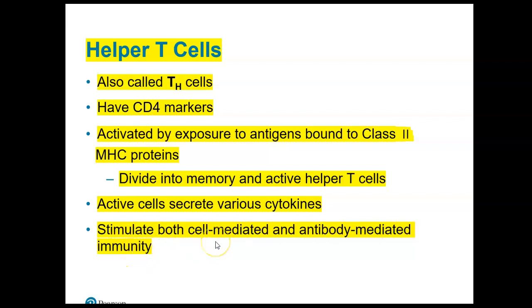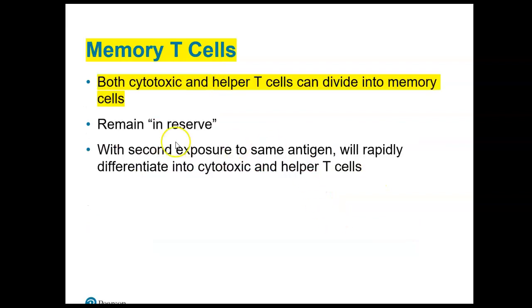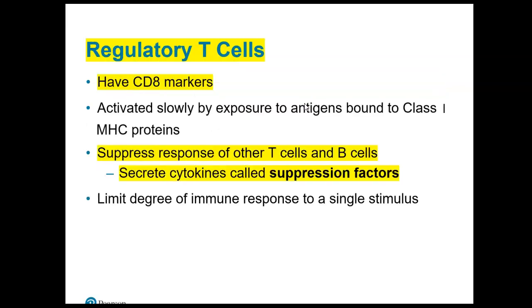So helper T cells have to be activated before cytotoxic T cells and also before B cells will become activated plasma cells. So memory T cells, there are both cytotoxic and helper T cells that can become memory T cells. And that, of course, is going to be important in any subsequent exposure to that same antigen.